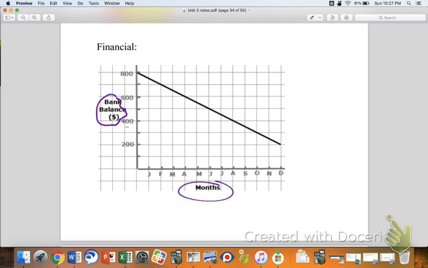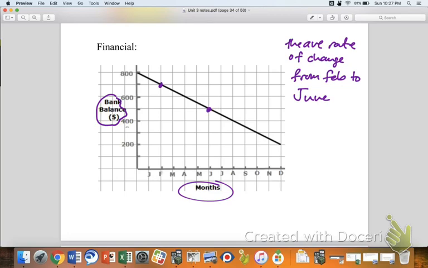So an example of something we could figure out is the average rate of change, maybe from February to June. So from February to June, that would be from here to right about there.